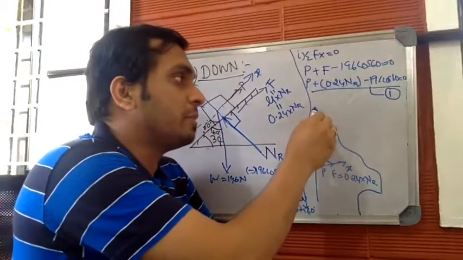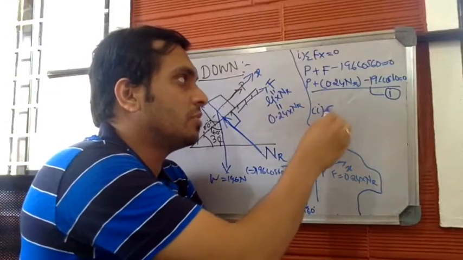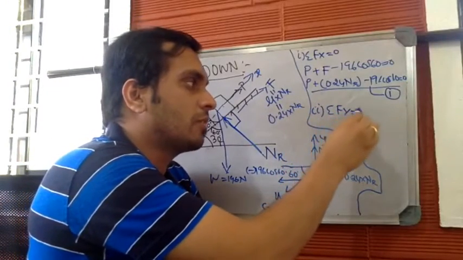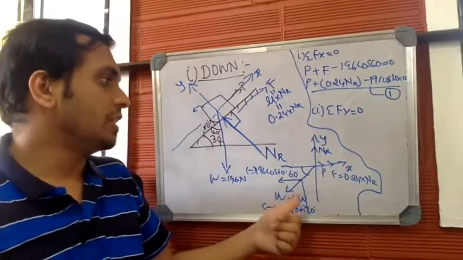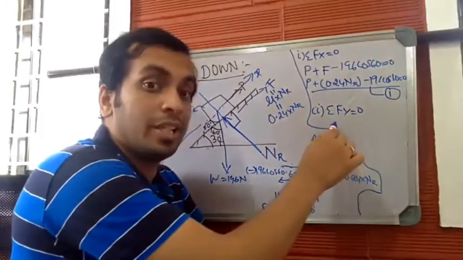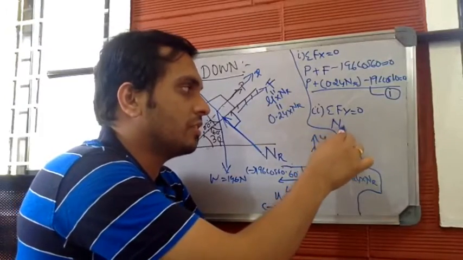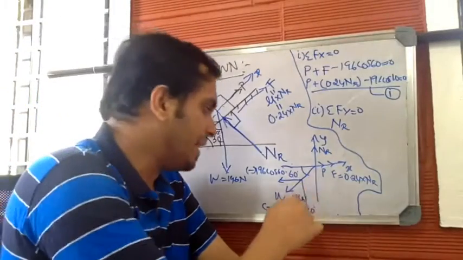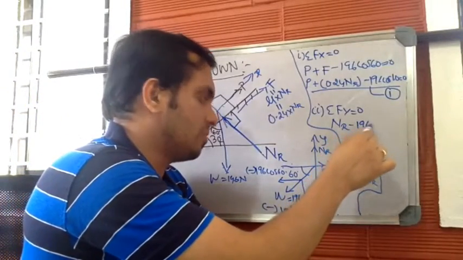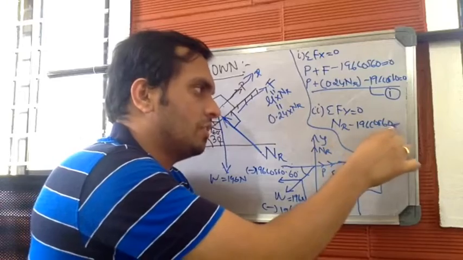Now let me apply the second condition of equilibrium, which is summation of Fy equal to 0. So let us see. Here we have NR, normal reaction, minus 196 cos 60 is equal to 0.